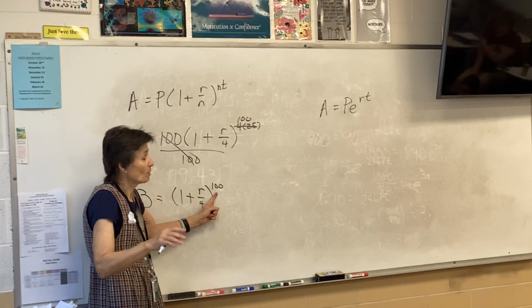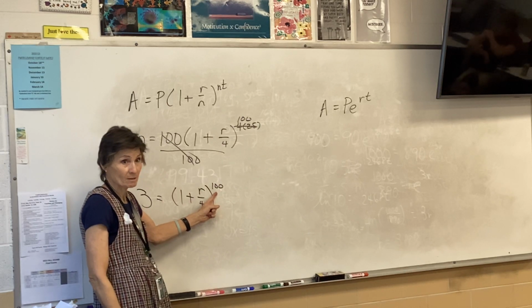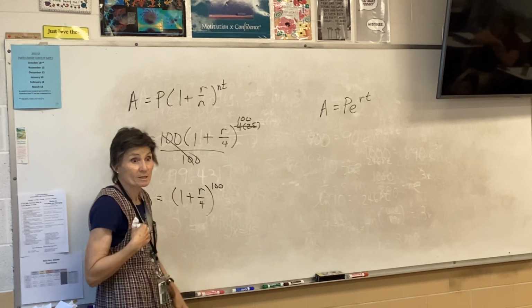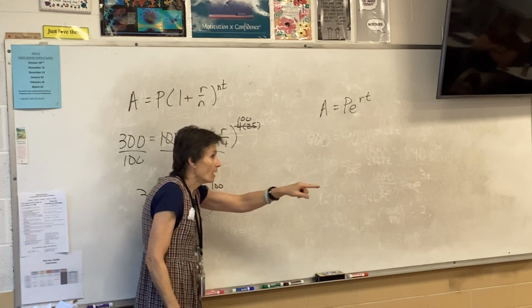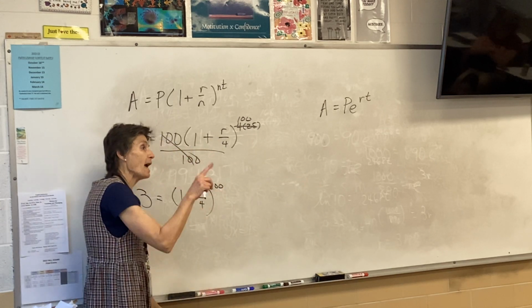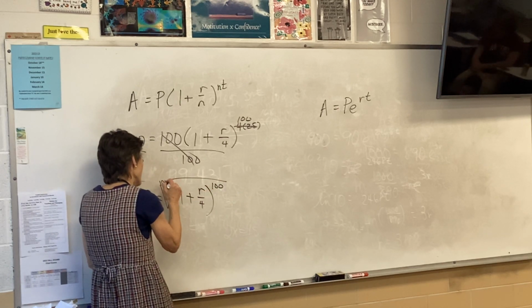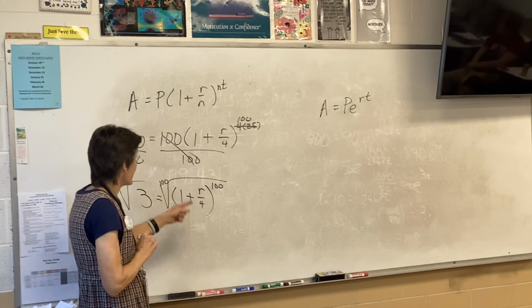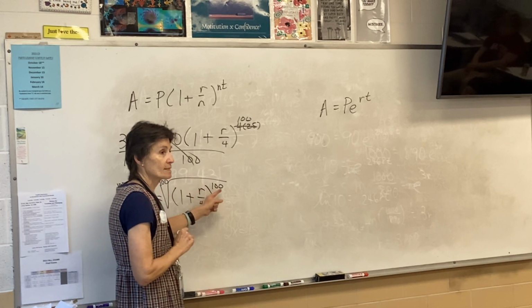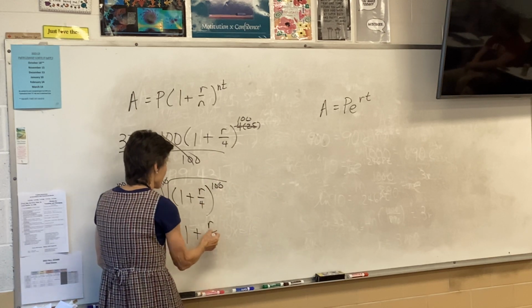Oh, Scout says multiply out. No way. This would be FOILed 100 times. You'd be as old as me before you got done. Yeah. Who said square root? Now, we're not square rooting, we are hundredth rooting. Because if we hundredth root something to the hundredth, doesn't that all cancel and just leave me with this?